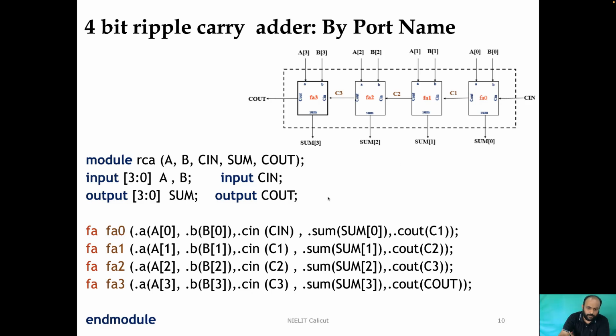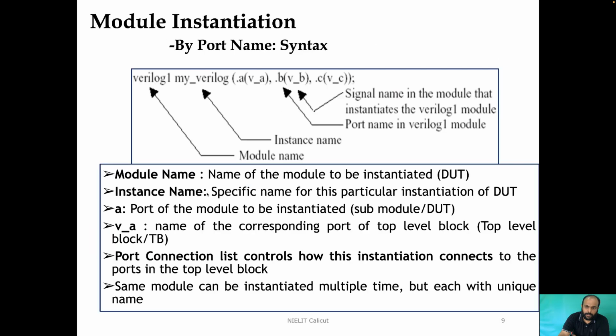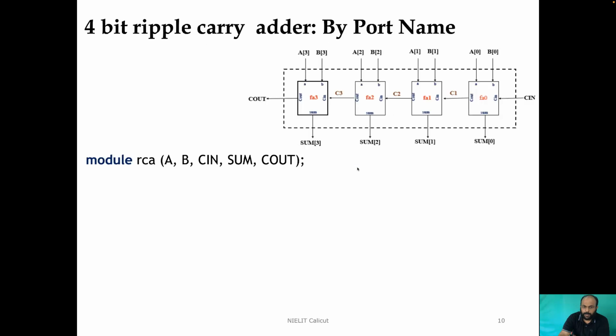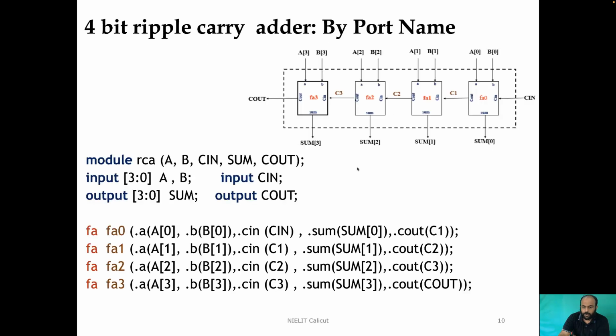But I caution you, for this particular design to work, the precondition is that you must have already written the 1-bit full adder which you are trying to instantiate in the same library of the tool in which you are trying to instantiate this particular block.